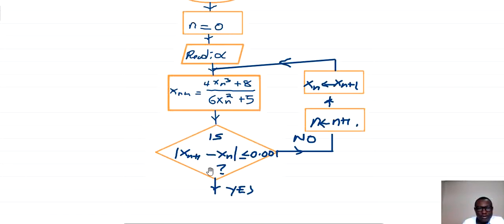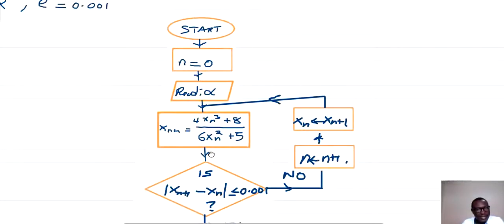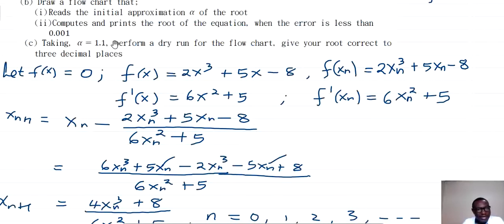Then we check on the error, because we base on the error to decide whether to continue or not. So here we ask ourselves, is the computed error less than the standard given error? If the answer is yes, then we shall go back here and we print the root of the equation.